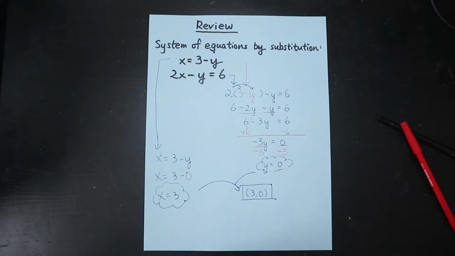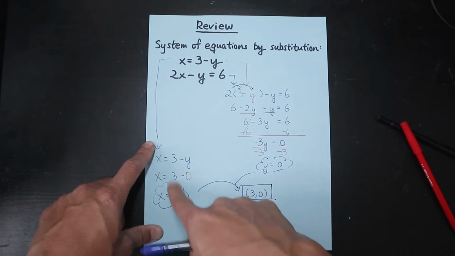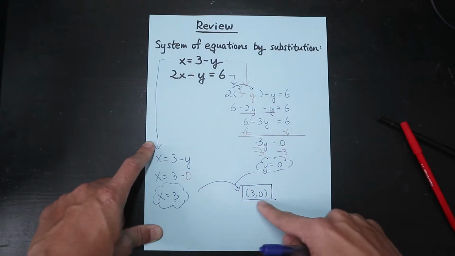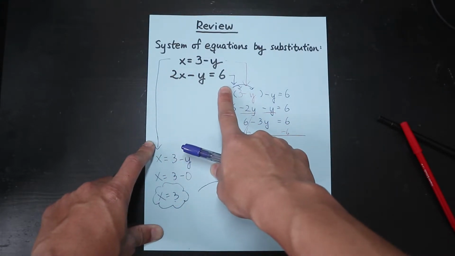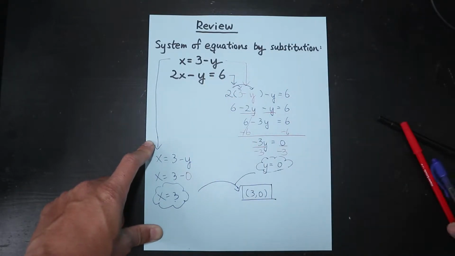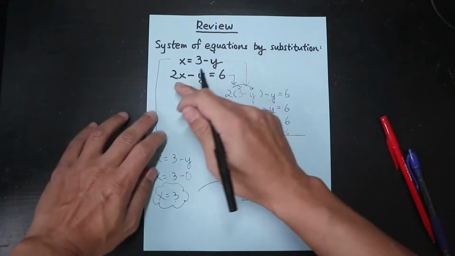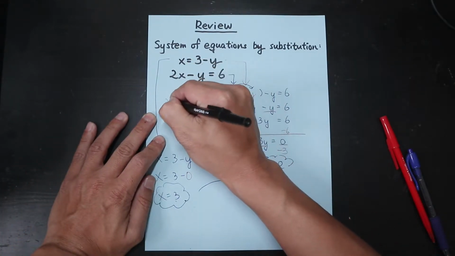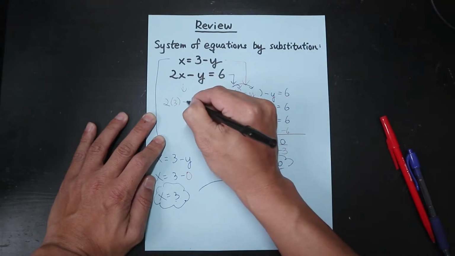Now, to check whether your answer is correct very quickly, now you already found the x value from the first equation. So if you want to check whether these two numbers also satisfy the second equation, all you have to do is just plug it in. So I'm just going to quickly plug it in. Let's use a different color of pen, right? So we're going to rewrite equation 2, and then for the x you replace it with a 3, and then the y you replace it with 0.